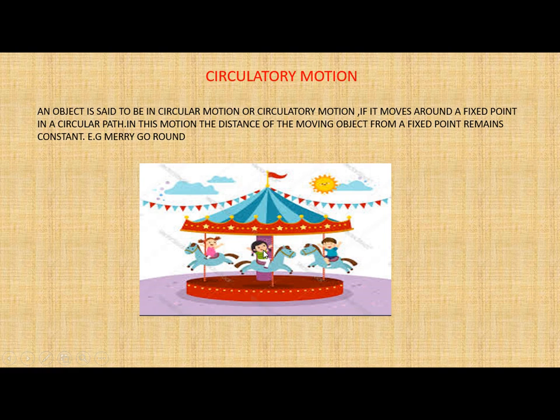The distance between this point and the central point will remain constant throughout the motion, and the object will keep on moving around this center point. So this is an example of circulatory motion.